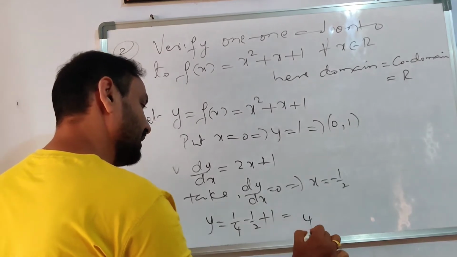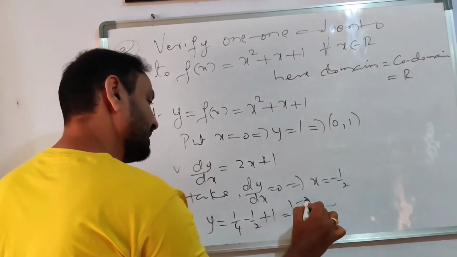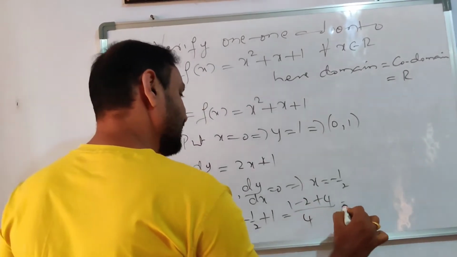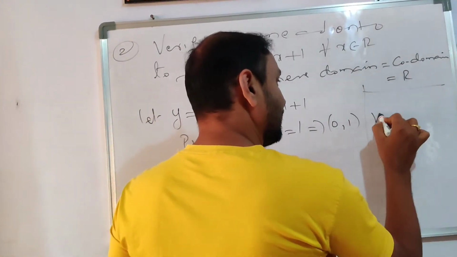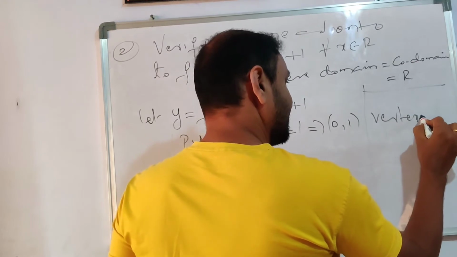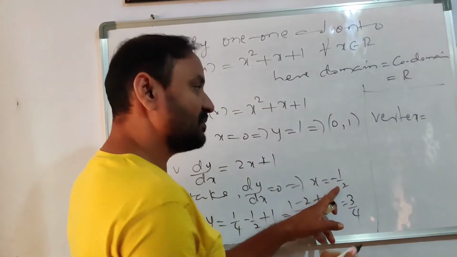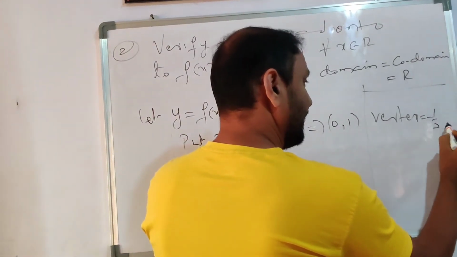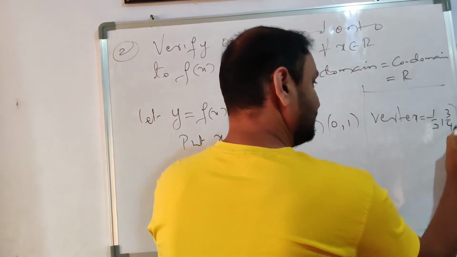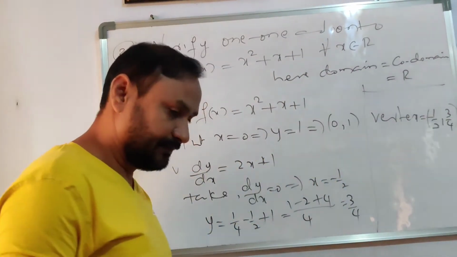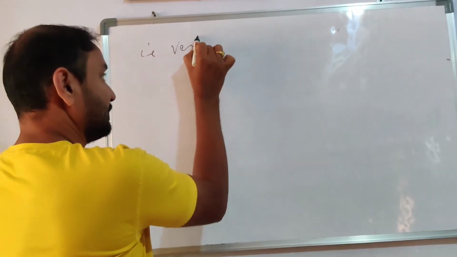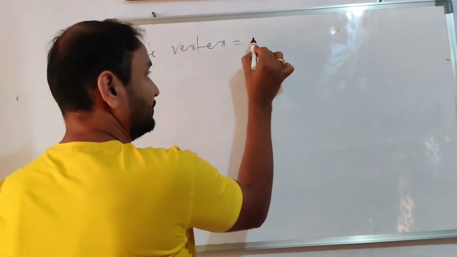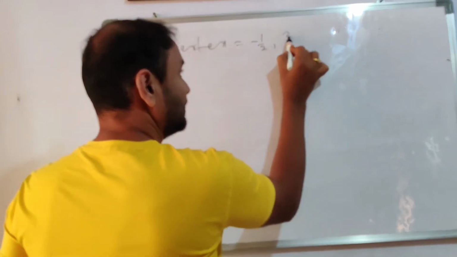Taking 4 as LCM, that is (1 minus 2 plus 4) by 4, which is 3 by 4. Therefore the vertex of the parabola is (minus 1 by 2, 3 by 4).